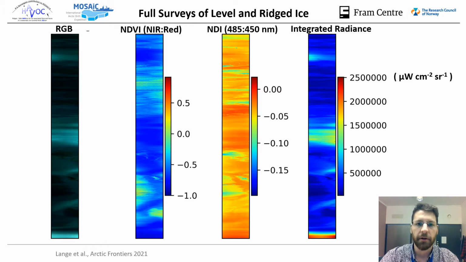So this is using the near infrared and the red, and then the NDI, and then this is the integrated radiance. And having all four of these beside each other, you can get an idea of the magnitude of the light, where the algae are in big lumps, and how these two algorithms are capturing this variability.